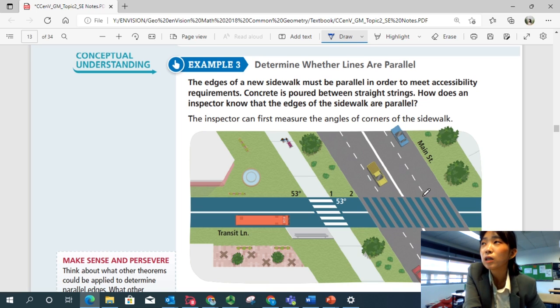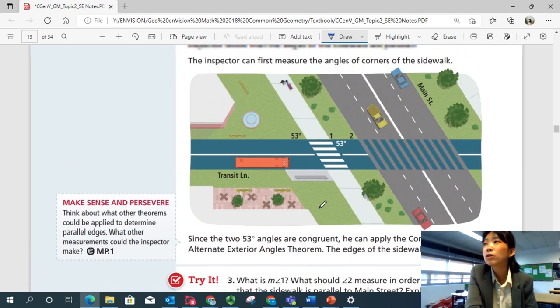Right? The inspector can first measure the angles of the corners of the sidewalk. So we have a measurement over here, right? That's 53 and that's 53 as well. How do we know if these are parallel lines, right? You can use the theorem.